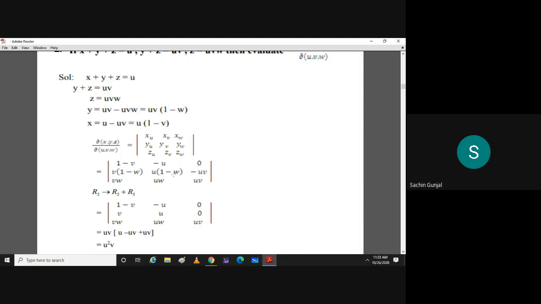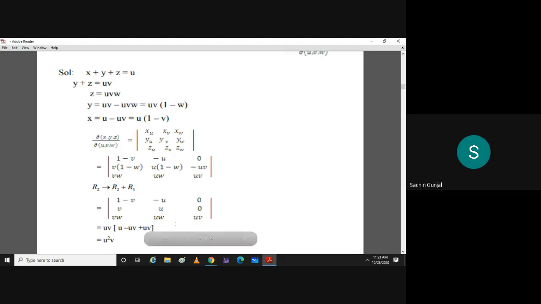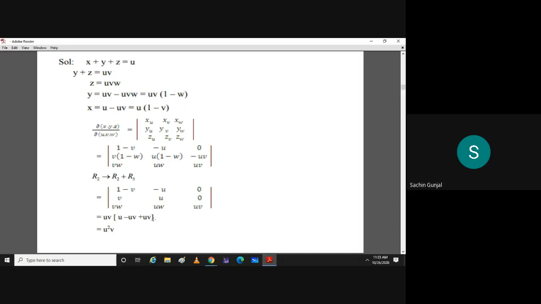Again, this is minus uw, and uw is in the last row. Similarly here also. So they eliminate it by doing the operation r2 plus r3. If you do this operation, you get r2 as v, u, 0, and the other two rows are the same, whose determinant is easy to take. At the end you get the answer as u square v.